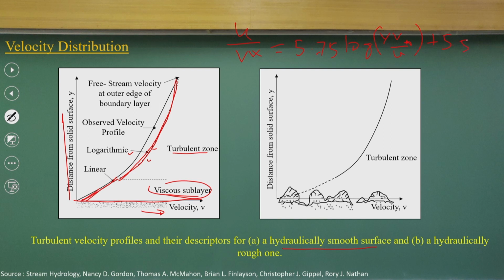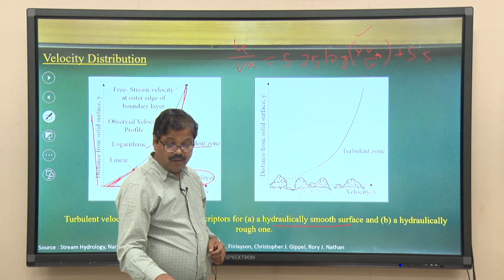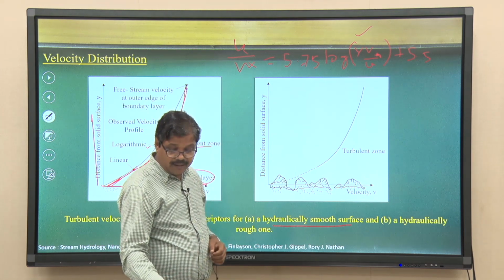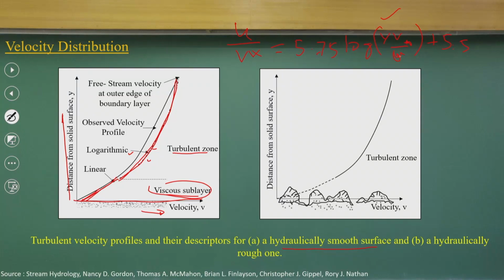So this is the velocity distribution equation. It is a logarithmic velocity distribution in terms of y V star by kinematic viscosity, so we can find u, the velocity at distance y, as a logarithmic function.